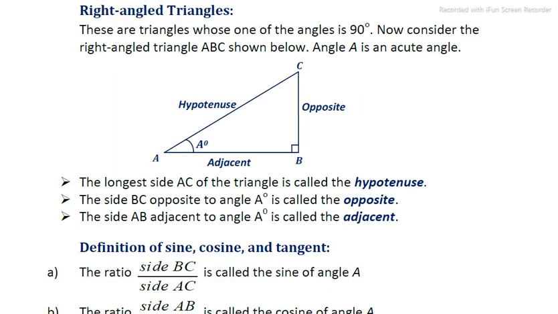A right-angled triangle is a triangle whose one of the angles is 90 degrees. Any triangle with one of the angles 90 degrees is a right-angled triangle.